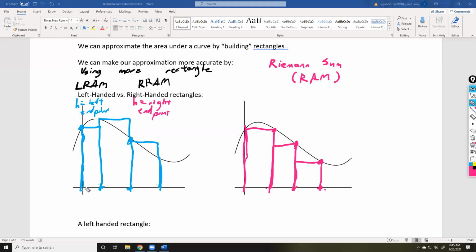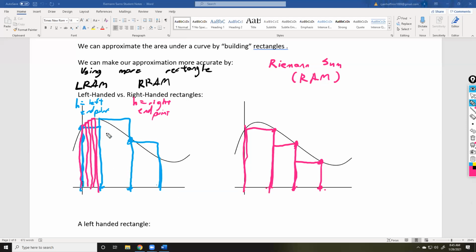So, for example, if I added in more rectangles here, and instead of going every 1 unit, I went every 0.1 unit and started building rectangles that way, there's less dead space to be covered. And so these rectangles are still not quite accurate, but they're going to get us much closer to the answer than our wider intervals are.